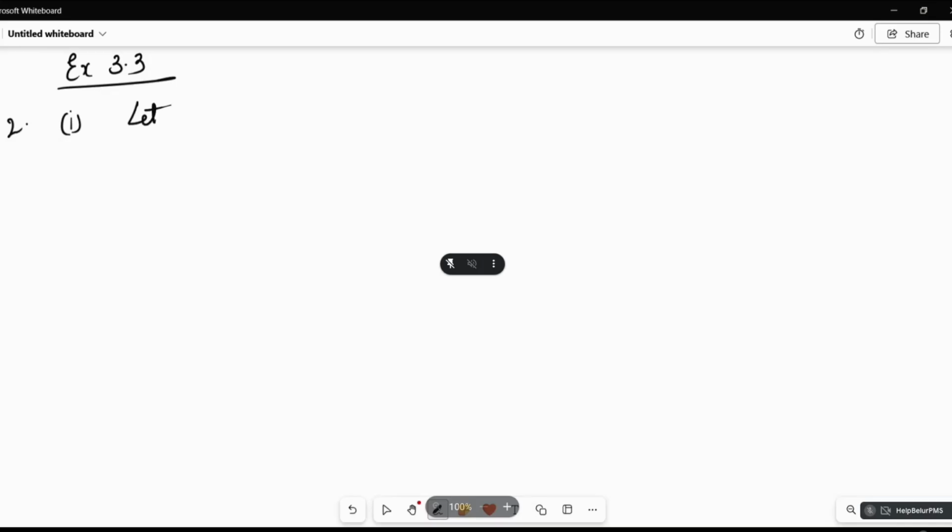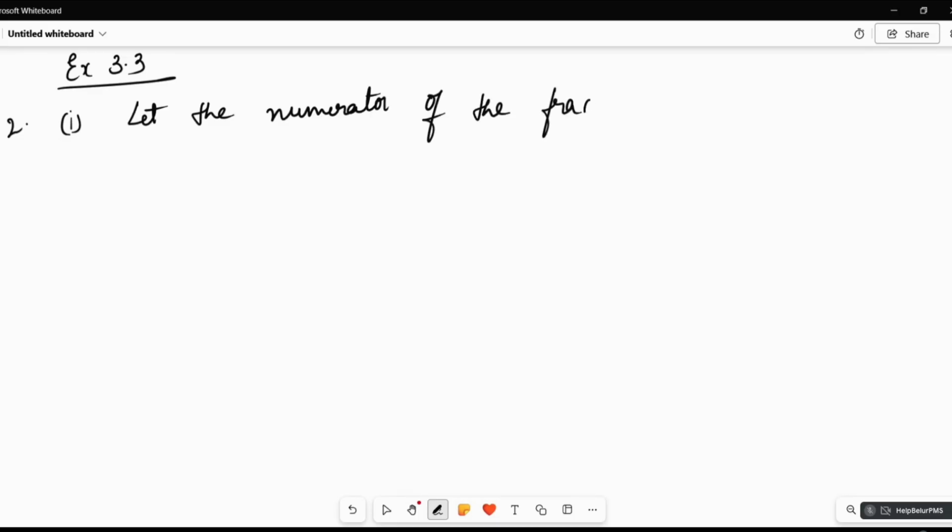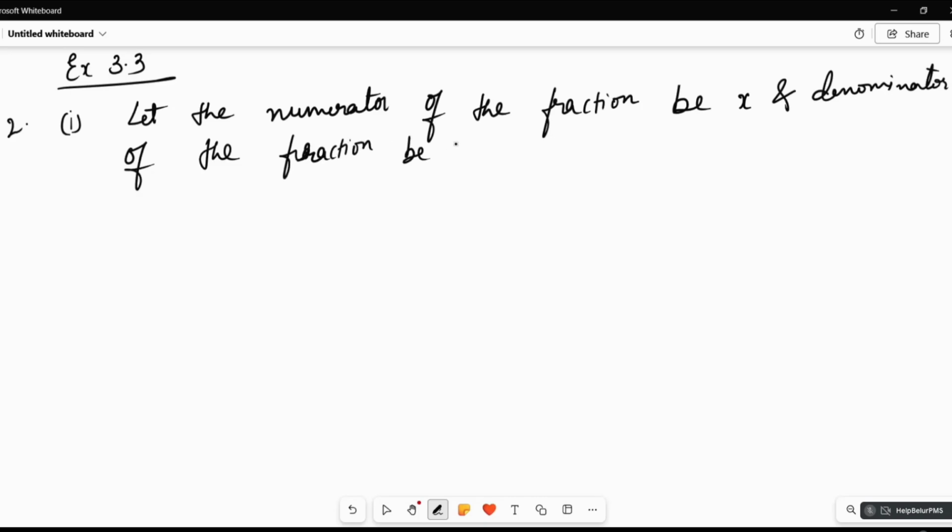Let the numerator of the fraction be x and denominator of the fraction be y.